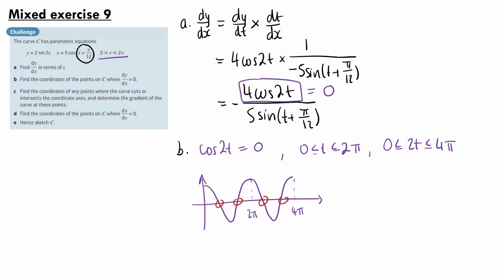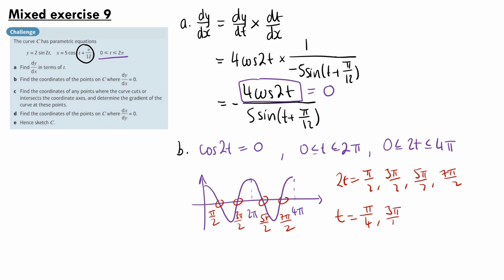And they are going to be at pi over 2, 3 pi over 2, 5 pi over 2, and 7 pi over 2. So if 2t is equal to pi over 2, 3 pi over 2, 5 pi over 2, and 7 pi over 2, that means that t is going to be equal to pi over 4, 3 pi over 4, 5 pi over 4, and 7 pi over 4.